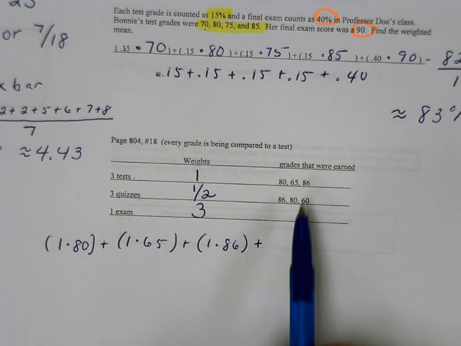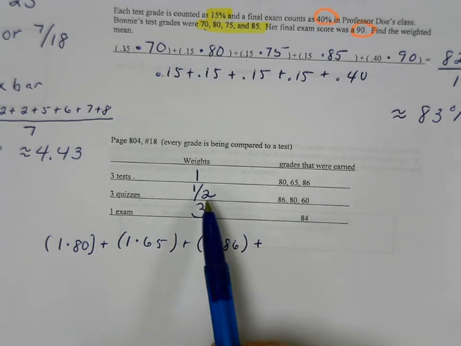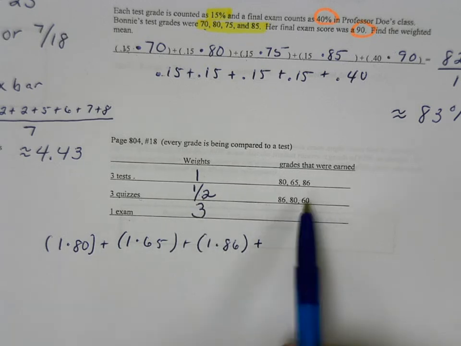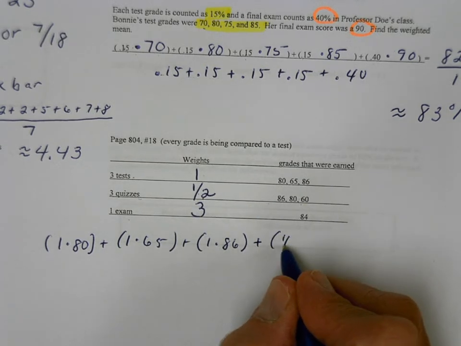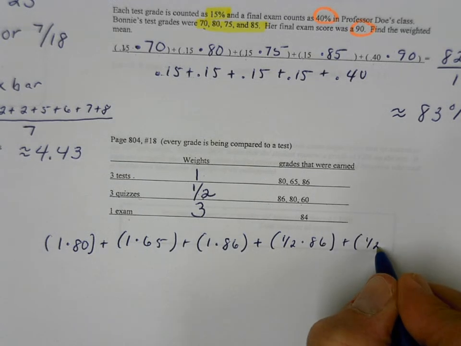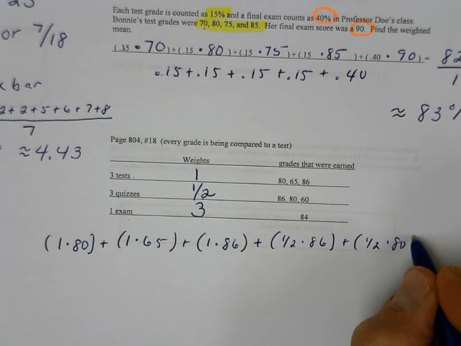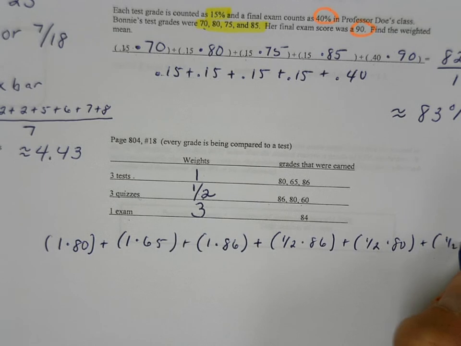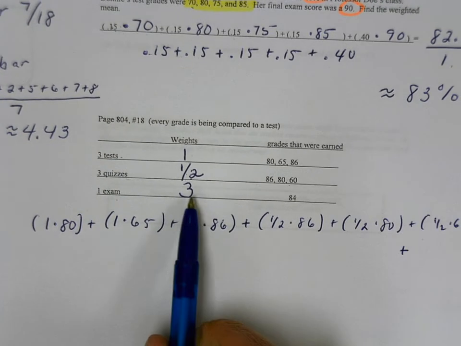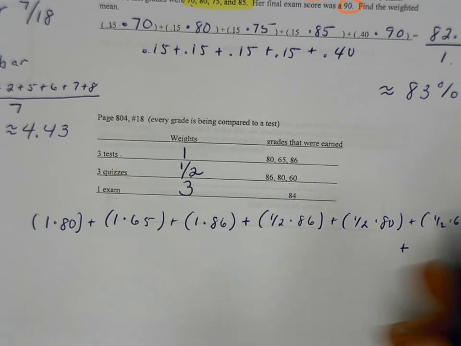Okay? All right, now we're going to do half of 86, half of 80, and half of 60. So here we go. So half times 86, half times 80, half times 60. Uh-oh, I'm running out of room. And then plus 3 times 84.